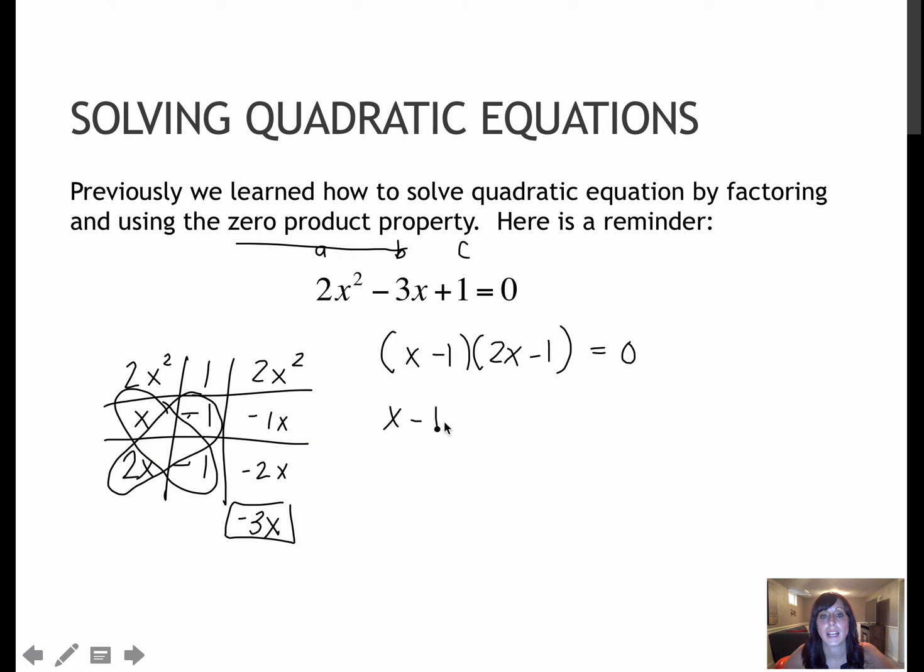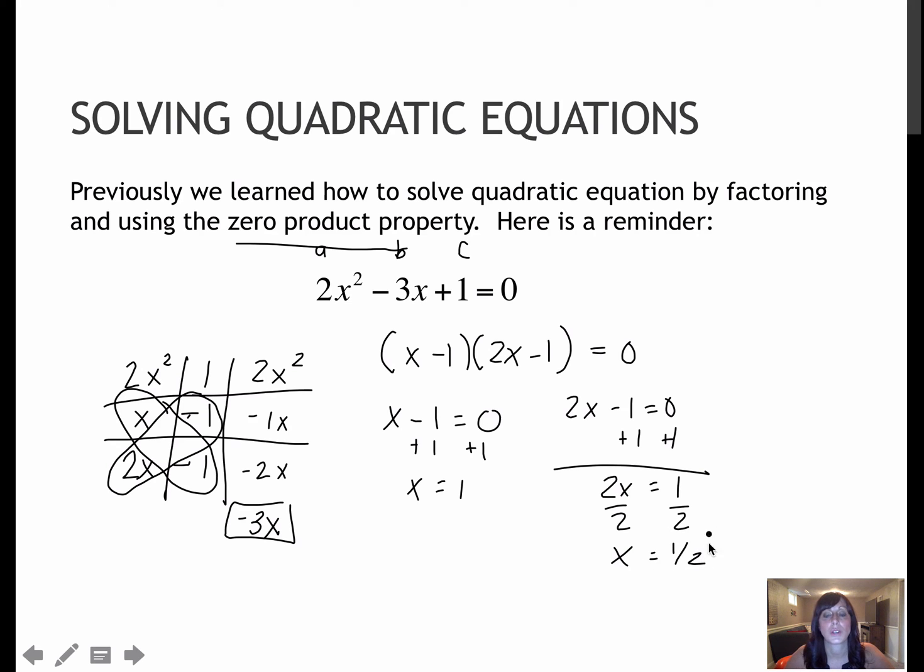So we say that this factor could be 0 if x were 1, and that this factor could be 0 if x were 1/2. So if I were to graph it, that's where that would cross the x-axis. Again, if they want us to write that as a set, we would write {1/2, 1} with the set brackets.